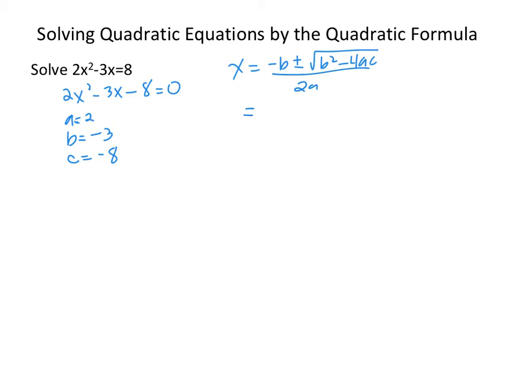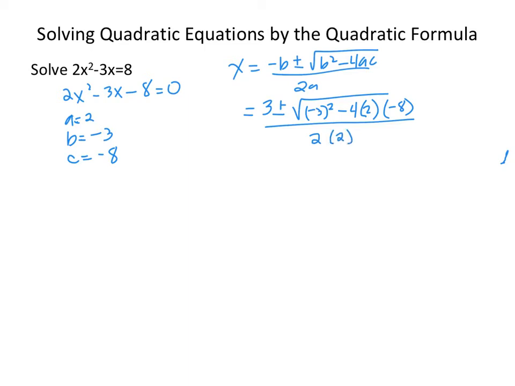Since I have negative b, it's going to become +3 plus or minus the square root of b squared. Always be sure to keep your b in parentheses. So we have (-3) squared minus 4 times 2 times -8, everything over 2 times 2.